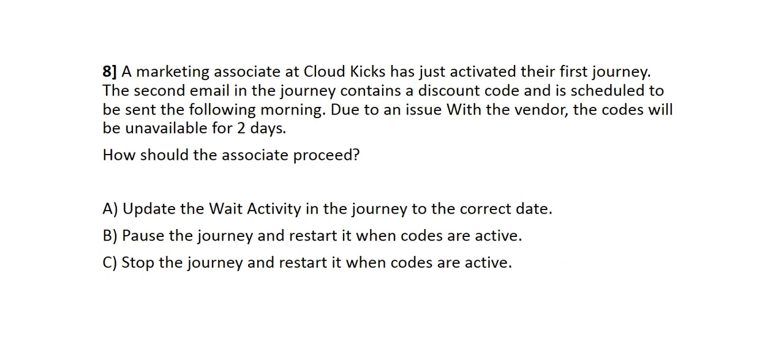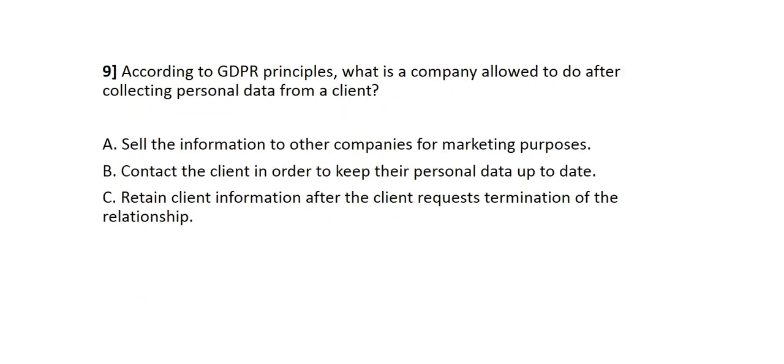A. Update the wait activity in the journey to the correct date. B. Pause the journey and restart it when codes are active. C. Stop the journey and restart it when codes are active. Answer: B.